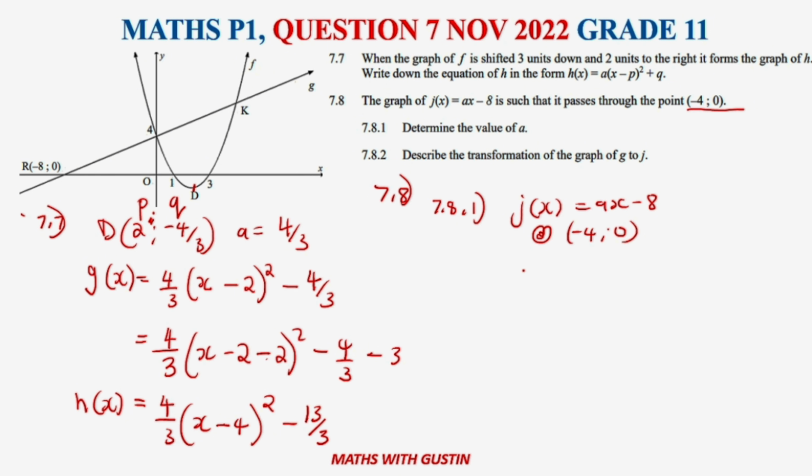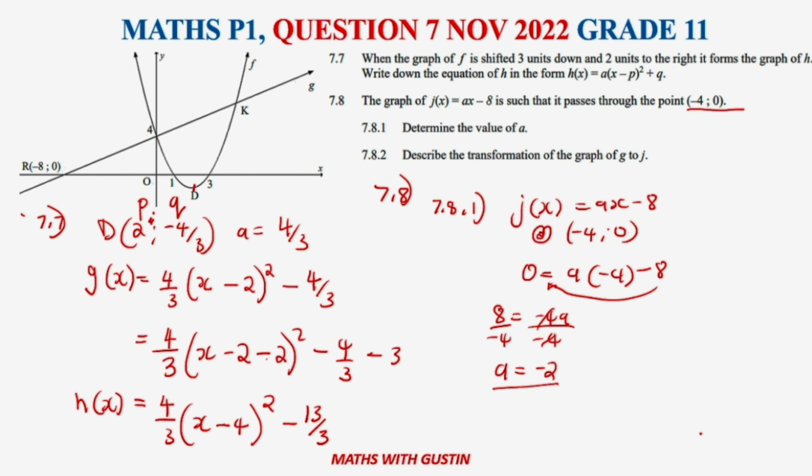So y is 0. We're going to come here, a times minus 4 minus 8, take 8 to that side, then we can simplify. It's going to be 8 is equal to minus 4a, divided by minus 4, divided by minus 4, and therefore it's going to be negative 2. All right, great stuff. And that's how you would find that value of a.